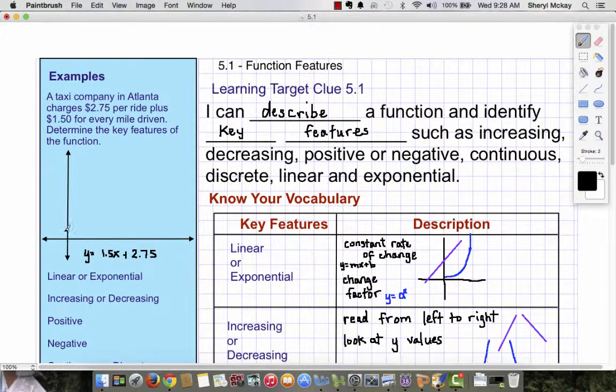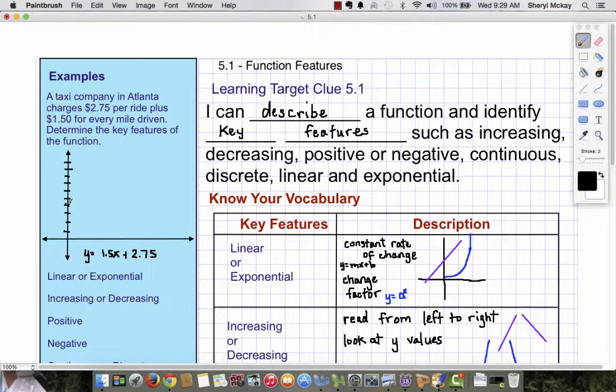So let's say that this is a half, and that's 1, 1.5, 2, 2.5, 3, 3.5, 4, 4.5, 5. Okay, so if we're going to start, our y-intercept is 2.75.